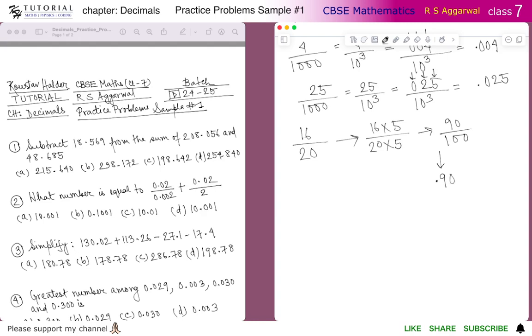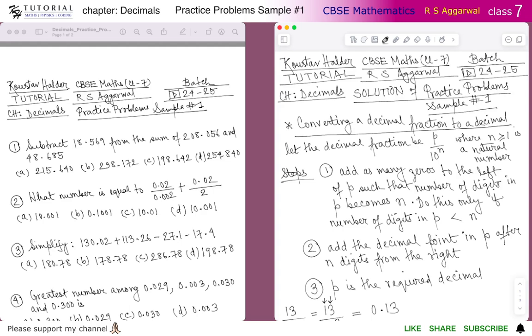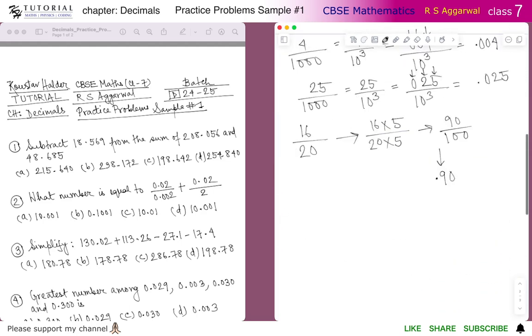Sometimes this is convenient. You are given a fraction which is not a decimal fraction, but by doing some multiplication you can easily convert the denominator to a power of 10. Then you can convert it to a decimal fraction, and from the decimal fraction you convert it to a decimal. So that was a little side note I wanted to discuss before solving the problems.